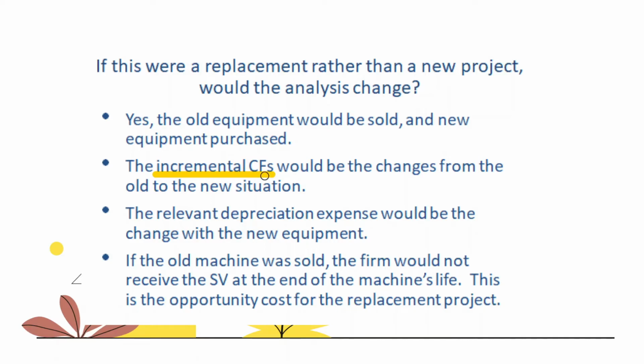Let's use a simple example. If we purchase the new machine, which has a better technology, and this machine can generate sales of $7 a year. However, if we don't purchase the new machine, we can use the old machine. And the old machine generates sales of $5 a year.